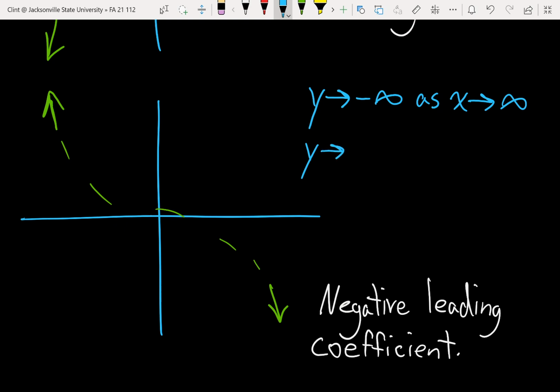And our y values go up as our x values go to the left.